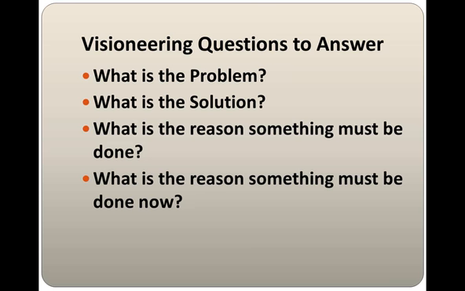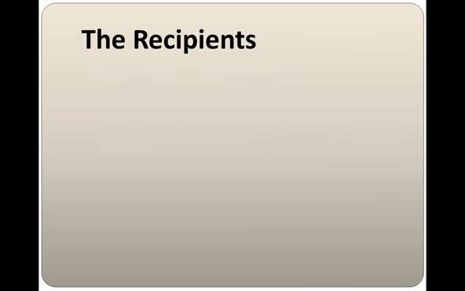George Barna says in The Power of Vision, a book he wrote some years ago, that there are recipients. And the third part of this, remember we talked about the communicators, the message, and here's the third part, the recipients, the receivers. The receivers are going to give you an audience, and this is broken up into several ways.